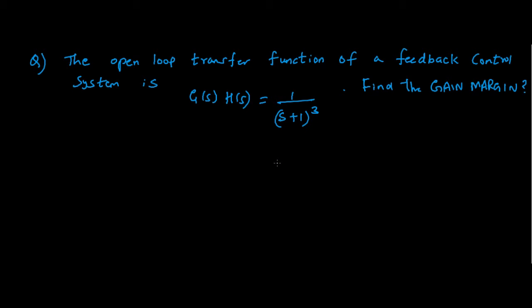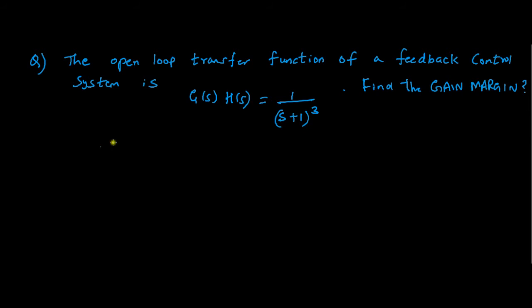Let's see the question. The open loop transfer function of a feedback control system is given: G of s into H of s is equal to 1 over (s plus 1) whole cube. We need to find the gain margin. Let's see how to do that.